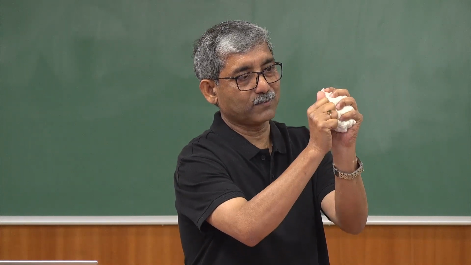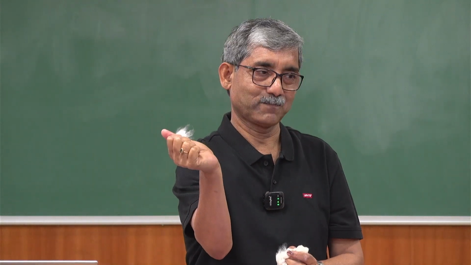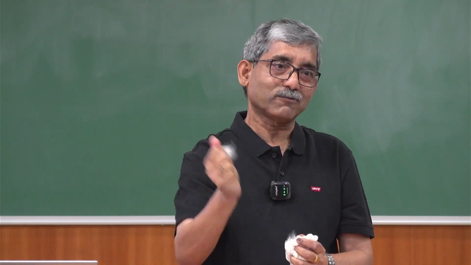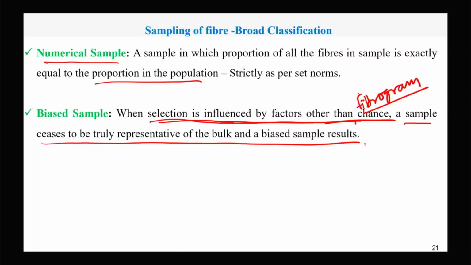If I am trying to take the fiber in this fashion, a fringe I am taking, what are the factors here? Let us see. These are the fibers here of different lengths. Small fibers and short fibers are there.